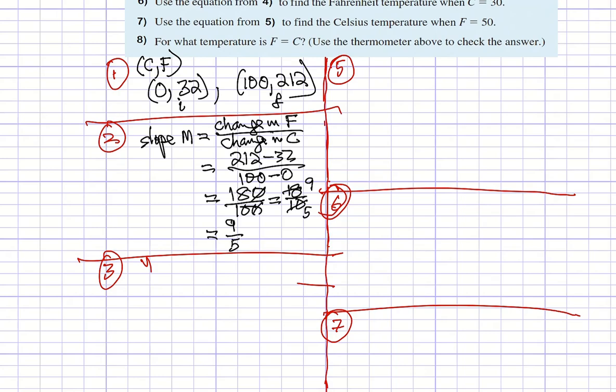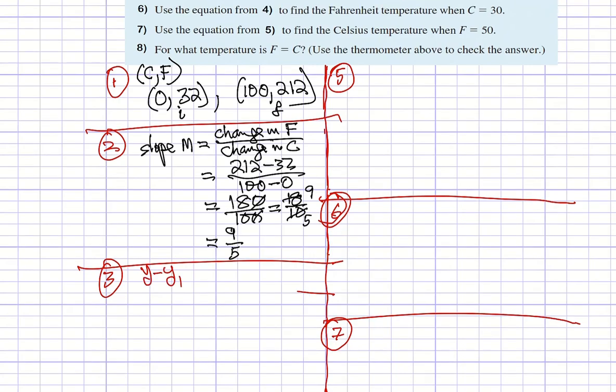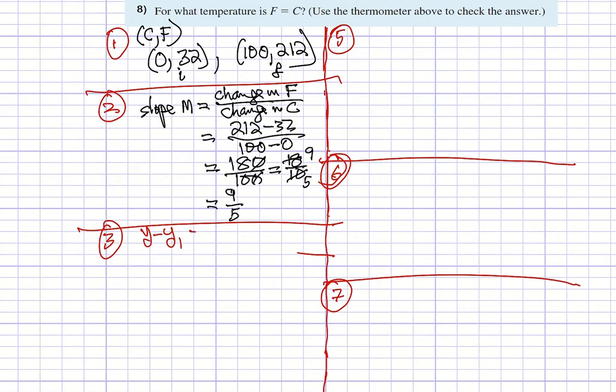We usually write it like this: y minus y1 equals the slope times x minus x1. This is the point slope form. If we mimic that, we'll say F minus F1 is equal to the slope times C minus C1. Sorry, C is in the numerator, so it's F first. You see that, right? That's what they want.